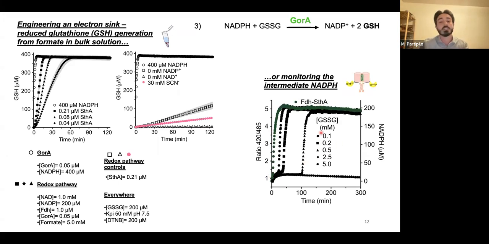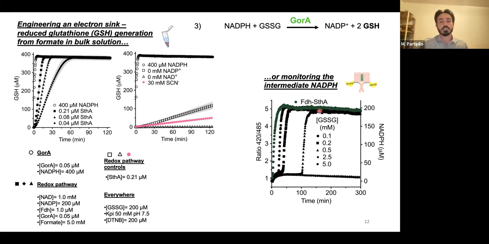For instance, at 0.1 millimolar glutathione disulfide, you start to see a first steady state of NADPH that corresponds to a very low amount of NADPH, because all the electrons are accepted by glutathione disulfide. Once the full pool is reduced to reduced glutathione, formate can finally provide electrons to NADPH, which corresponds to this very quick increase in fluorescence.